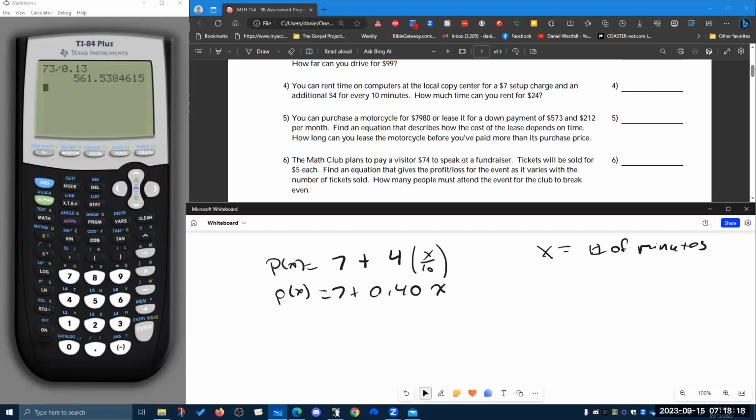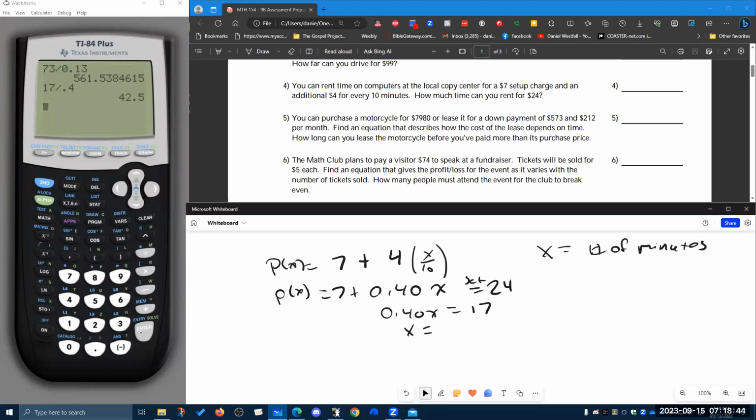So how much time can you get for $24? $17 divided by 0.4. We should be able to get about 40 minutes, right?